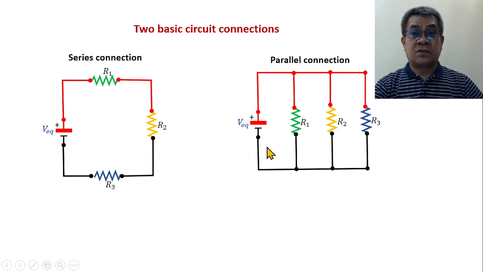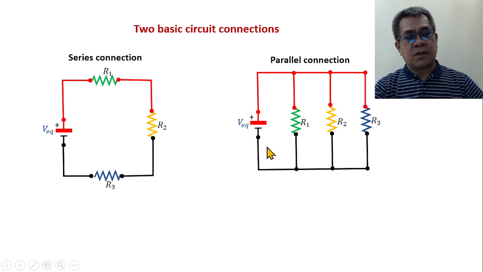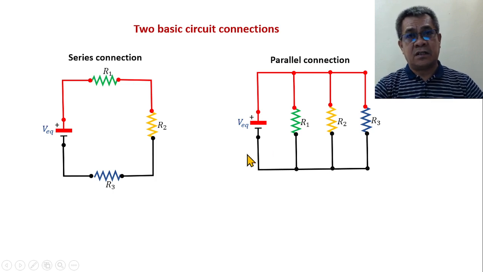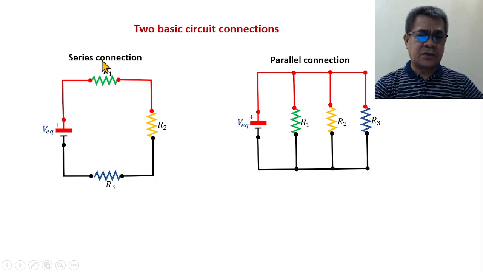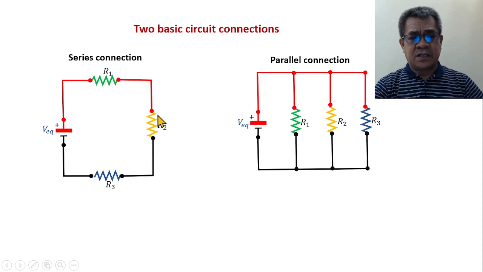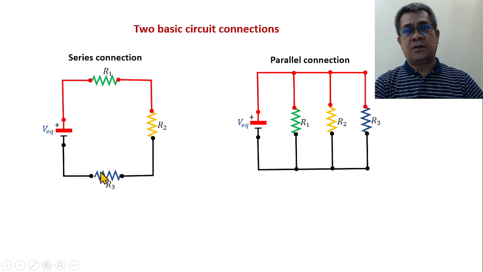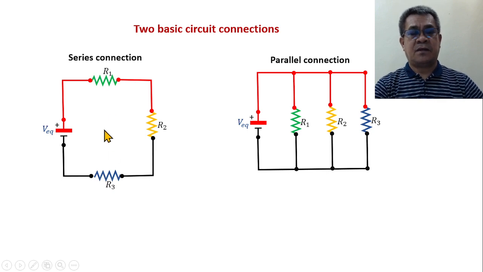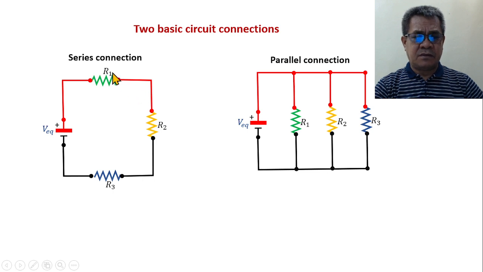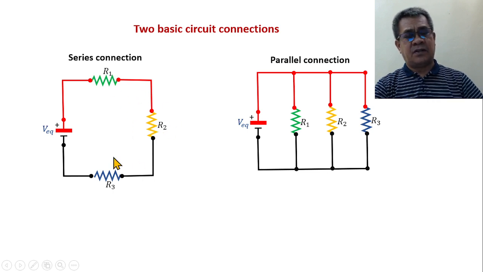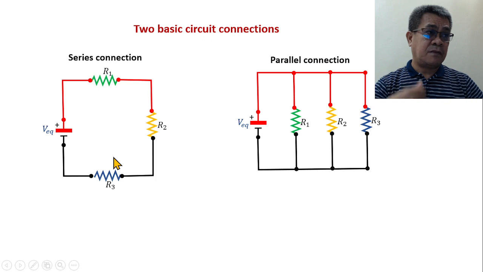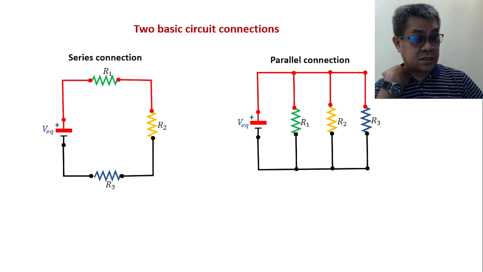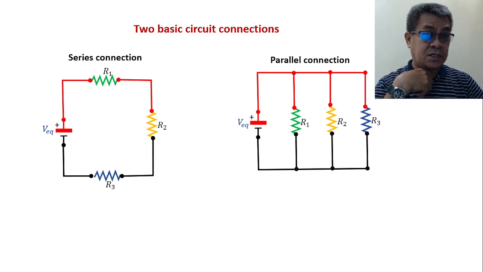Our task is to find the formulas. What are the formulas that can calculate, for example, the total or the equivalent resistance of the three resistors in series? And since we have three resistors, it follows that there must be a corresponding voltage on each resistor, as Ohm's law says.